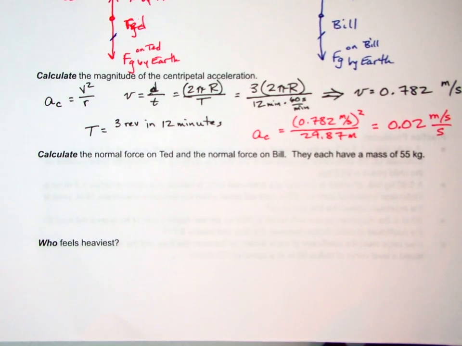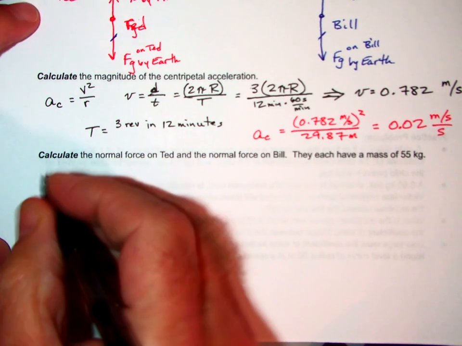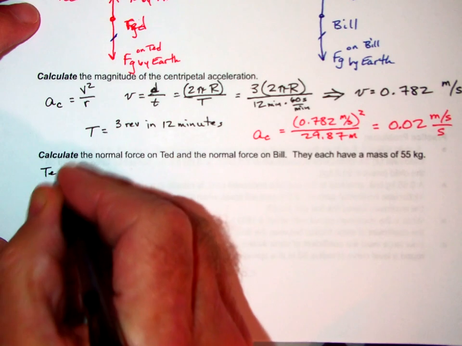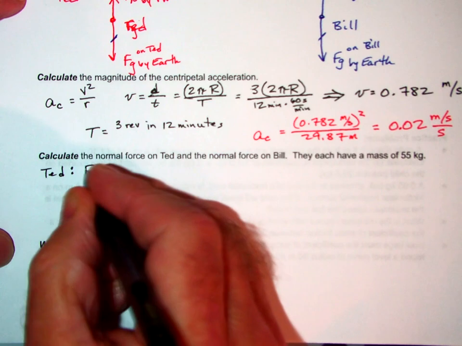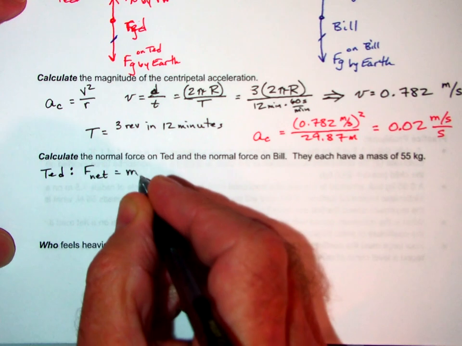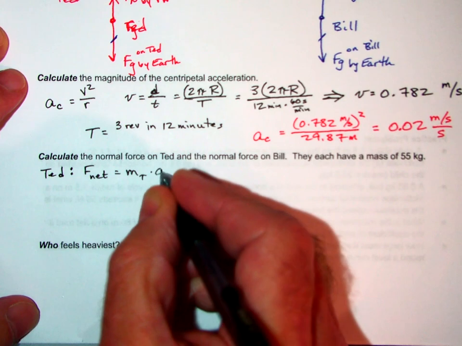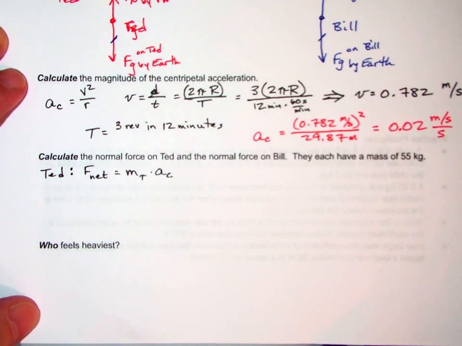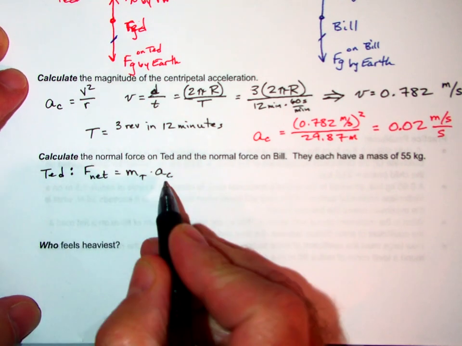Calculate the normal force on Ted and the normal force on Bill if they each have a mass of 55 kilograms. So for Ted at the top, net force is equal to the mass of Ted times the centripetal acceleration, right? That's Newton's second law. F net of Ted is Ted's mass times the acceleration.